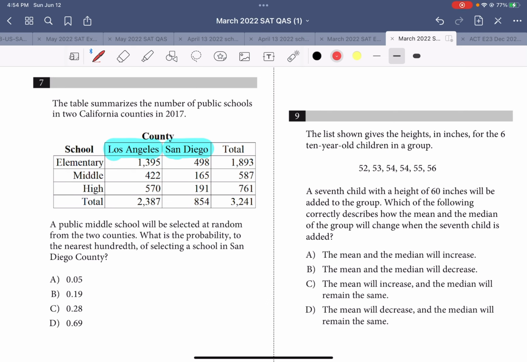So for middle school, you only look at that row. Out of 587, the probability of selecting San Diego County, which is 165, is 165 out of 587. So you put it in the calculator. I got around 0.28. So C.